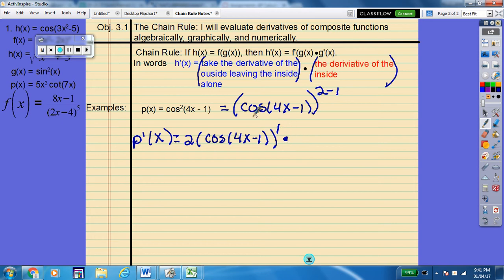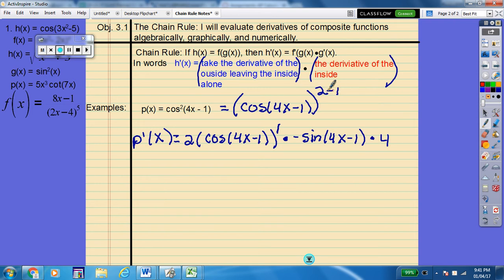Well, the inside is cosine of 4x minus 1. So in order to take the derivative of that function, you're going to need to apply chain rule one more time. So the derivative of the outside becomes negative sine, leaving the inside alone, times the derivative of the inside, 4x minus 1, which is 4. So we have here 3 layers.